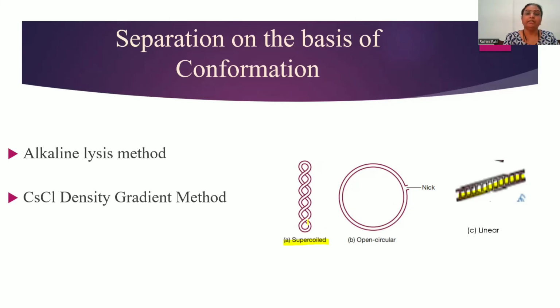And the least binds to the supercoiled, because there is less space for it to bind. The plasmids are in a supercoiled form, so the least amount of EtBr binds to the supercoiled plasmid DNA.